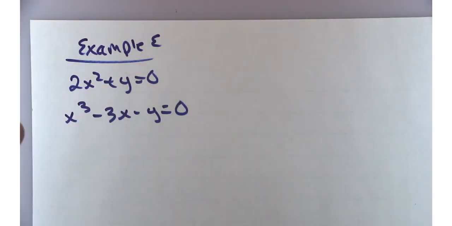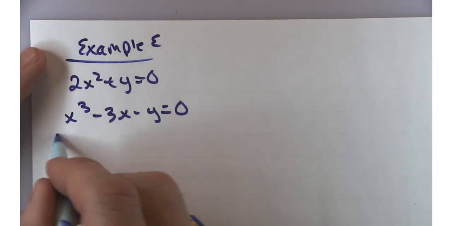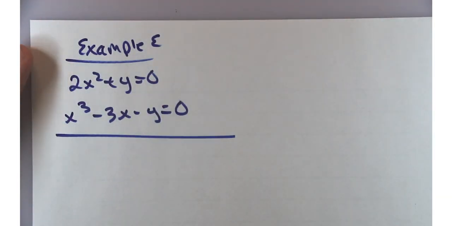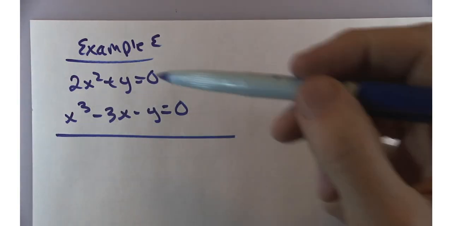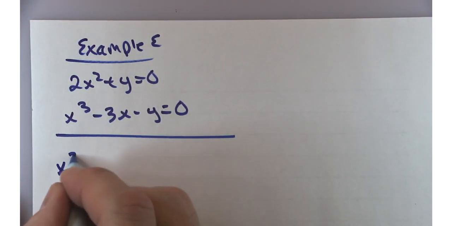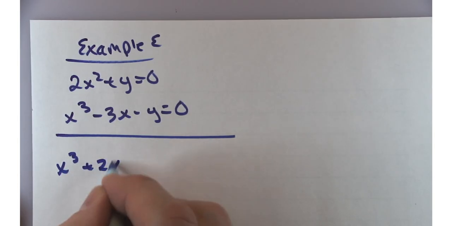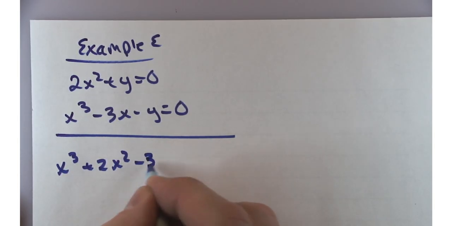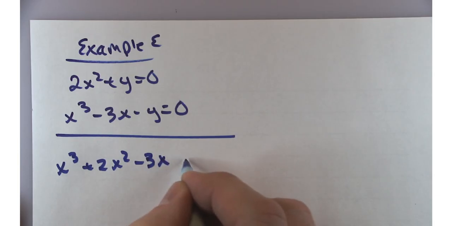I'm not seeing that it works off the top of my head, and I'm not trying to put pen to paper at the moment. But I do know what will work, and that is if you add these two equations together. Meredith, what's going to happen if I add these two equations together? x cubed plus 2x squared minus 3x equals 0. Nice.